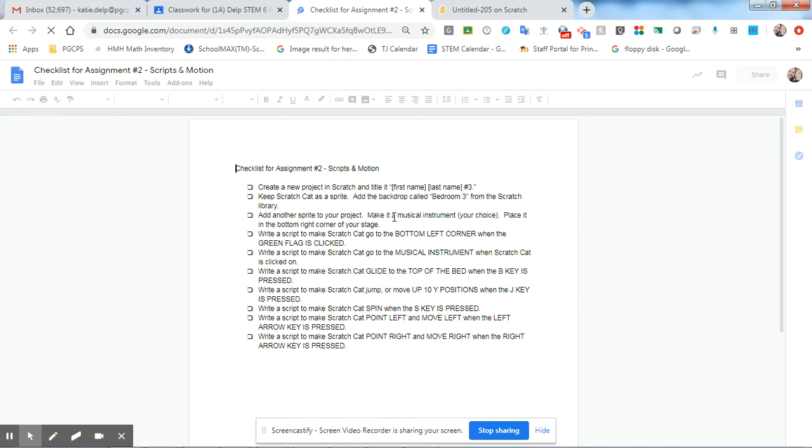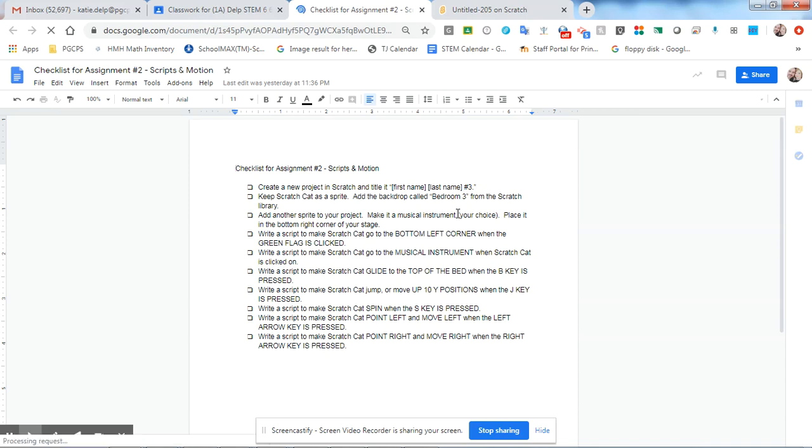To create a new project, you're going to keep Scratch Cat, but you're going to add a new backdrop called Bedroom 3 from the library, and you're going to add a musical instrument sprite to your project. Then you're going to write scripts to make Scratch Cat do all these different types of movements. He will go to the bottom left corner when the green flag is clicked.